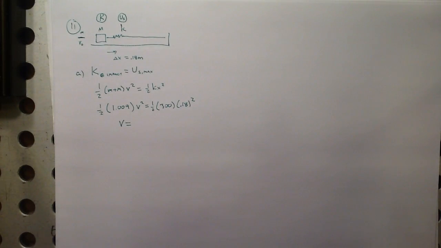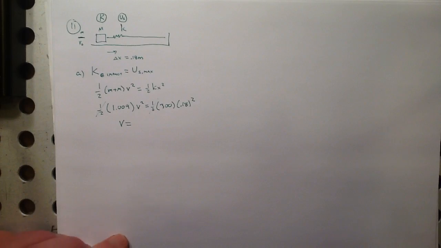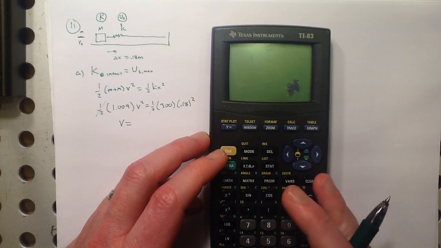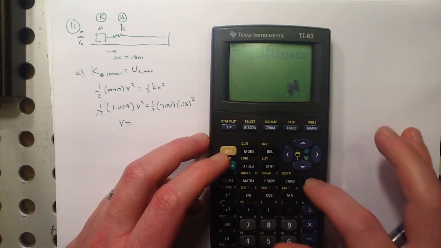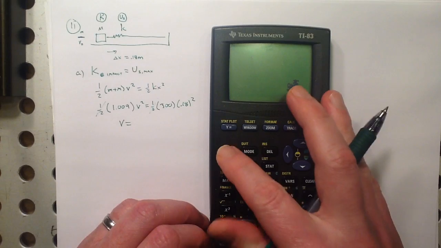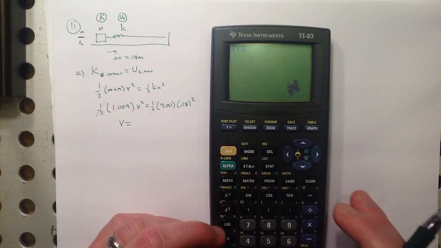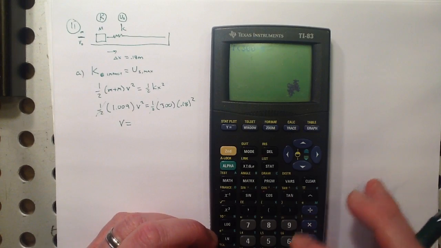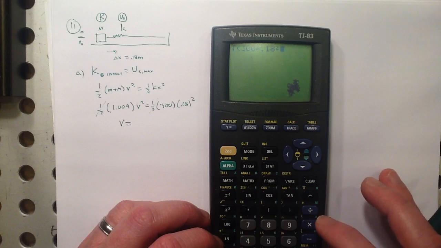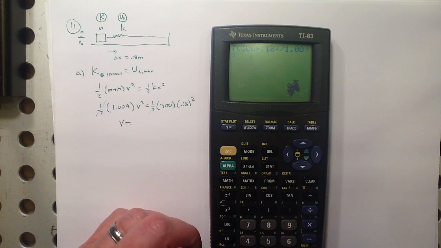So, for the purposes of calculation, those 1/2s cancel. So, looks like I should get, let's see, 300, well, I'm going to have to take the square root of the whole thing, right? So 300 times 0.18 squared divided by 1.009.